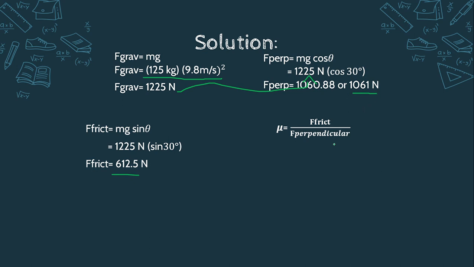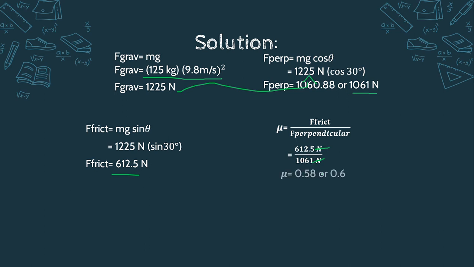Now, we will input the values in this computation, in which coefficient of friction is equal to 612.5 N over 1061 N. Cancel its unit.